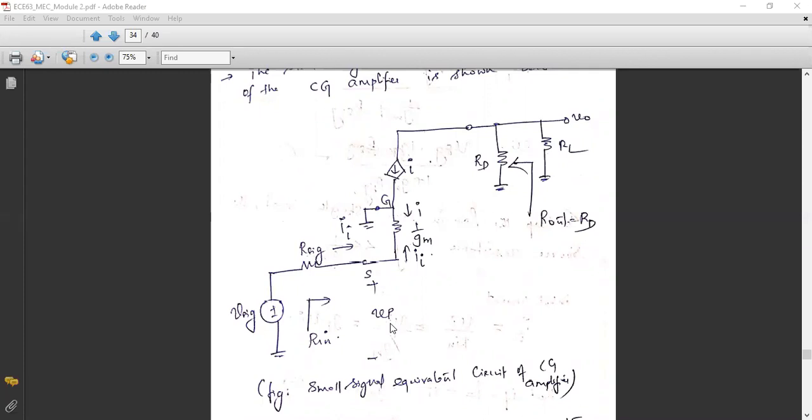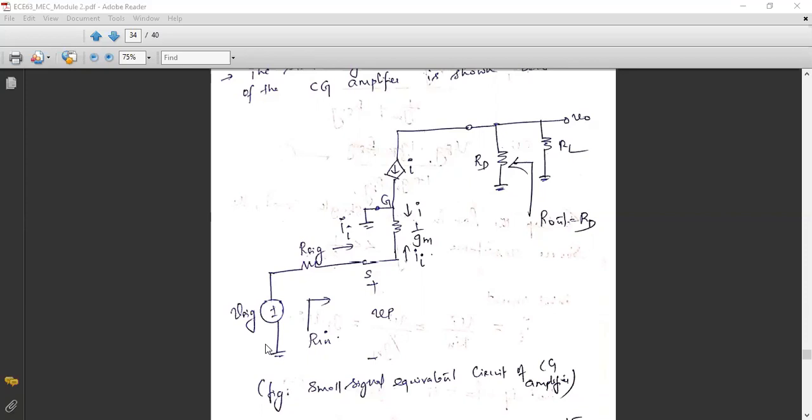Okay, so try to understand the concept, that is the difference between VSIG and VI. VSIG is nothing but the voltage which is to be amplified. This is an amplifier, right? We are discussing a common gate amplifier, where you have given an input, that is VSIG, which is to be amplified. So at the source, you are having another voltage which is represented as VI.